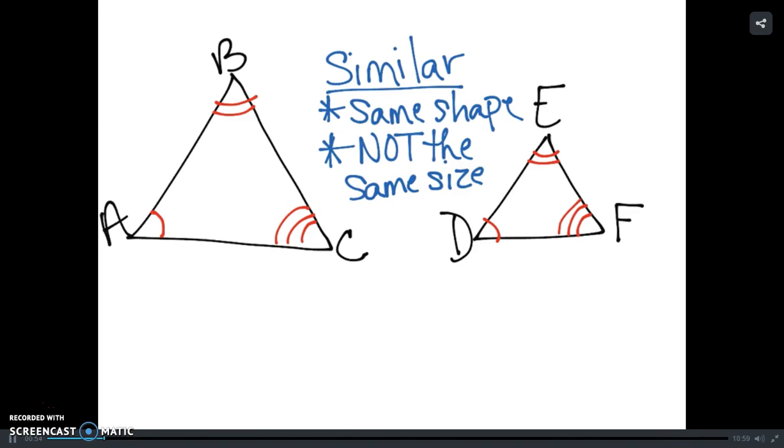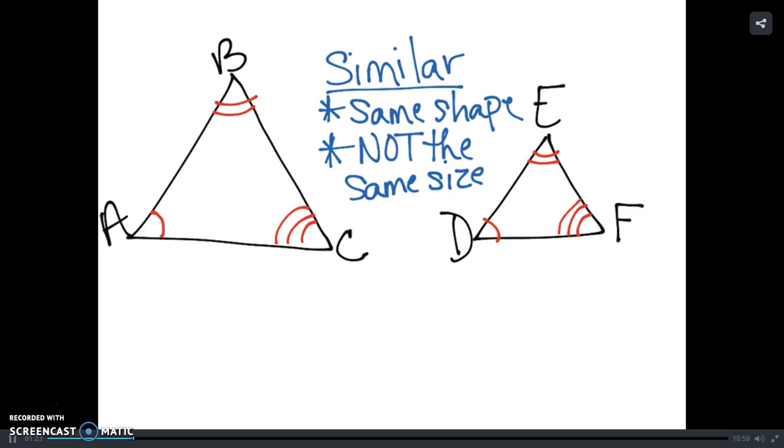Remember that if they are the same size and same shape, then they are congruent. Every set of congruent polygons is also similar, because they're going to meet the criteria here. But not every set of similar polygons will be congruent, because in order to be similar, they do not have to be the same size, and most of them will not be the same size, and that's really important.